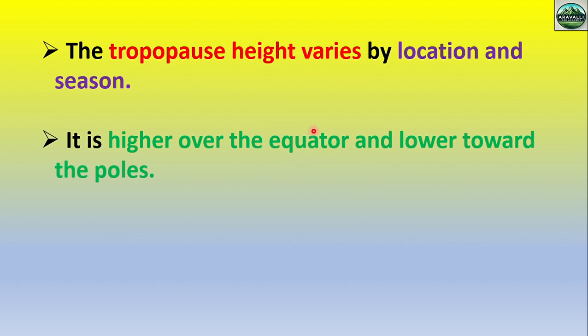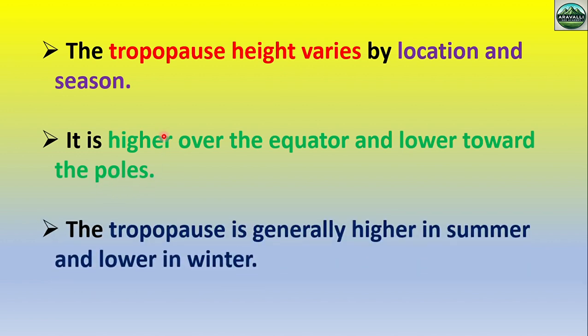At the equator, the height of the tropopause is the highest. The height of the tropopause is higher at the equator and lower toward the polar region due to temperature. At the equator temperature is higher, so the tropopause is highest, and at the polar region temperature is low, so the tropopause height is low. The tropopause height also varies season to season.